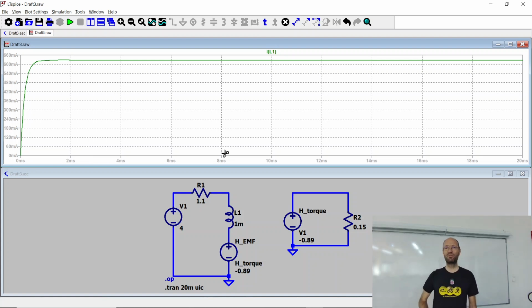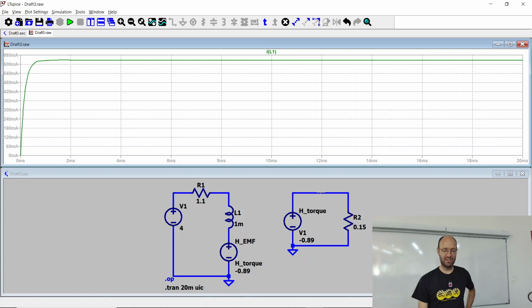but not quite yet, because what is missing in our circuit? Or what is missing in the mechanical part of the motor to more capture the real behavior of the motor? Yeah, the inertia.